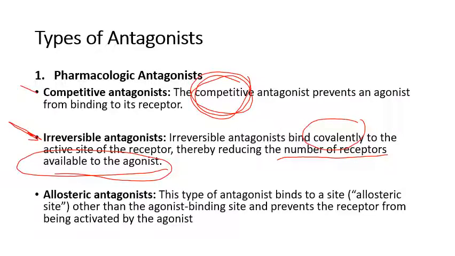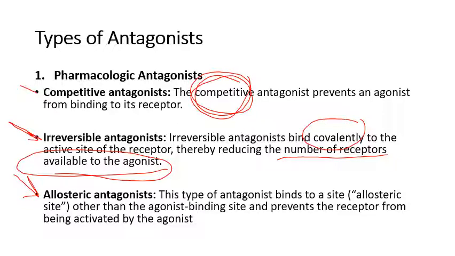For allosteric antagonists, this is interesting. This type of antagonism binds to a site, an allosteric site, other than the agonist binding site, and prevents the receptor from being activated by the agonist.